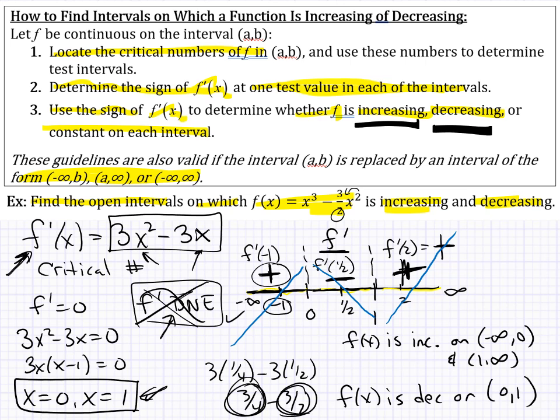I have parentheses, not brackets as I would use for closed intervals. That's because I don't want to include 0 or 1 in these intervals. The derivative isn't positive at 0. The derivative is 0 at 0. The derivative isn't positive or negative at 1. The derivative is 0 at 1. When the derivative is 0, we're not increasing or decreasing, but constant. So this is the answer to this question.